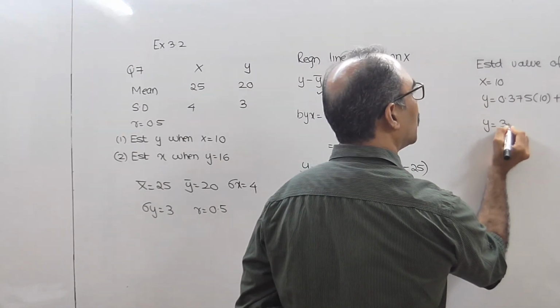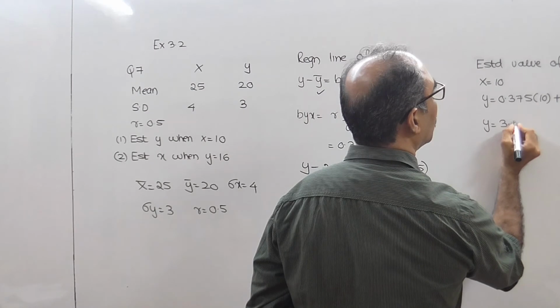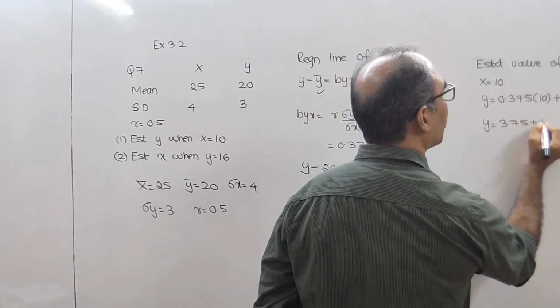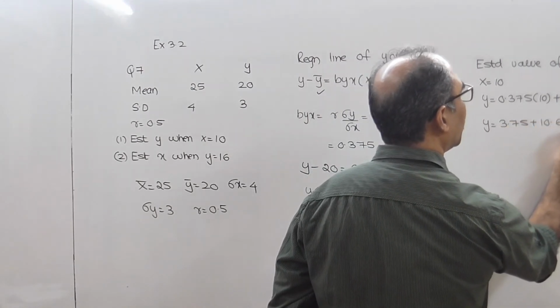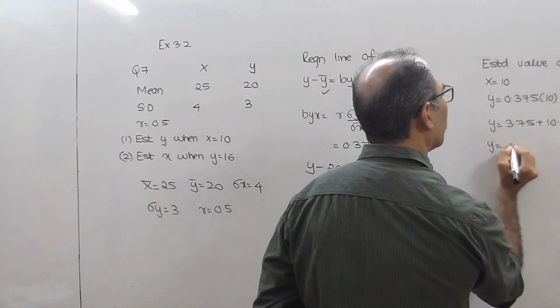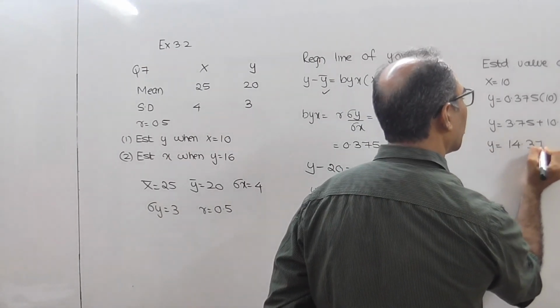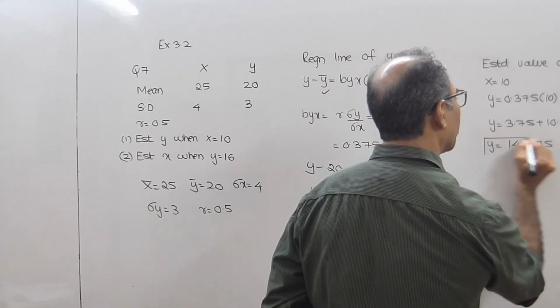We get y equals 3.75 plus 10.625, so y equals 14.375.